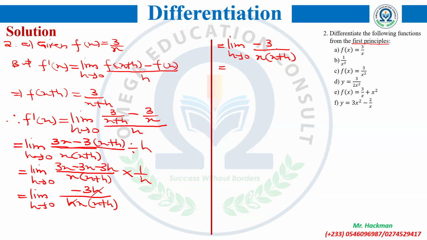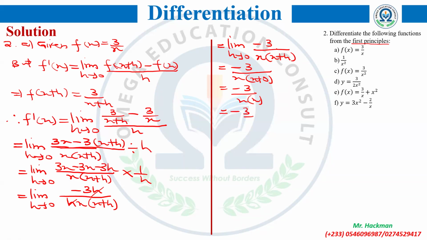So as you are substituting, the limit must go at that particular point. So you have minus 3 over x into x plus what? 0, because h is approaching 0. So that gives us minus 3 over x times x, which is x squared. Let me write it just for the purposes of explanation for the first question on the fraction.